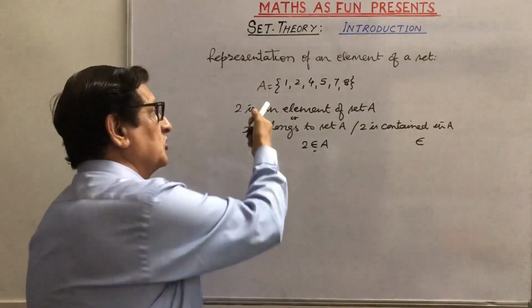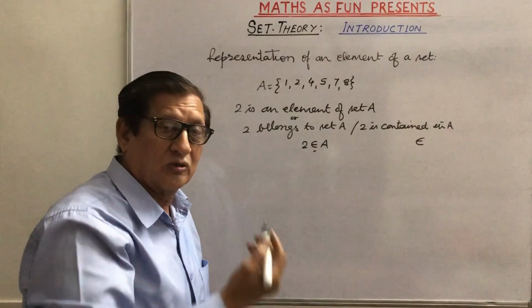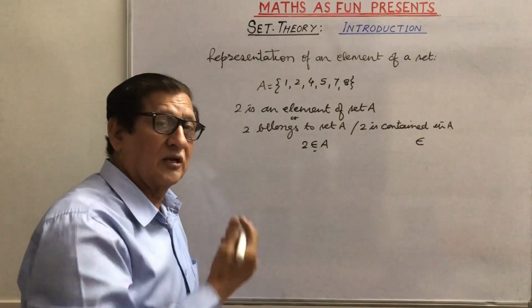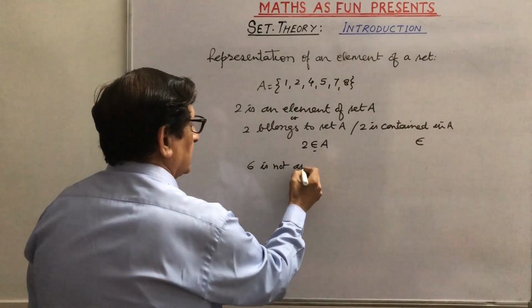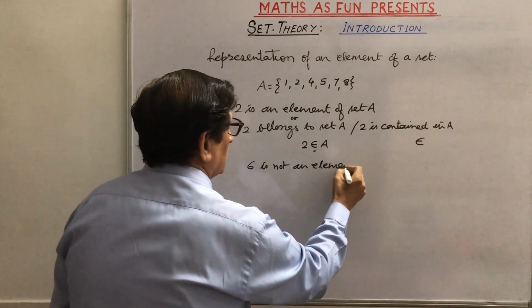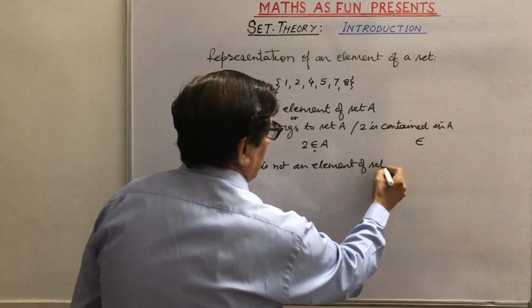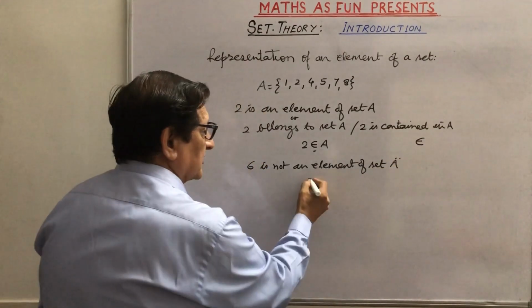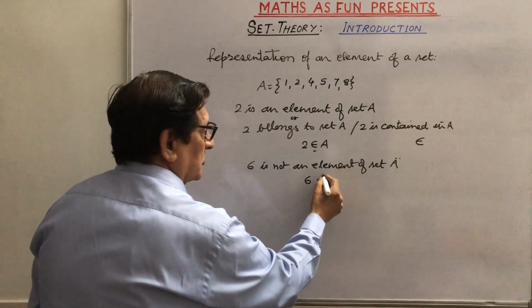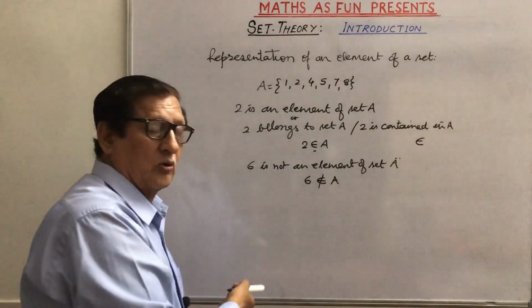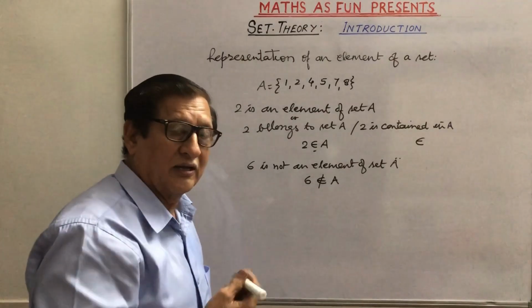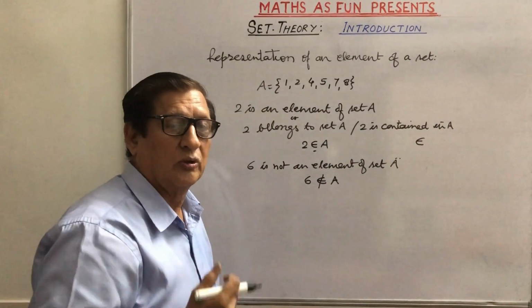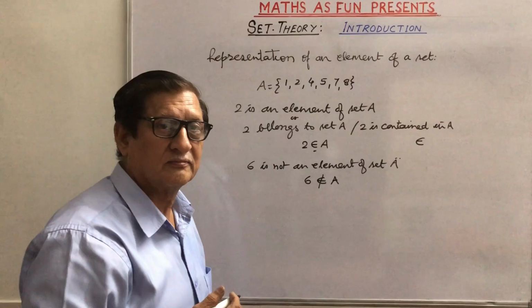No. 6 is not belonging to A. 6 is not contained in A. 6 is not an element of A. So we write 6 is not an element of set A. We represent this as 6 is not belonging to A or is not an element of A. We cut it by a line like we cut equal to show not equal to.